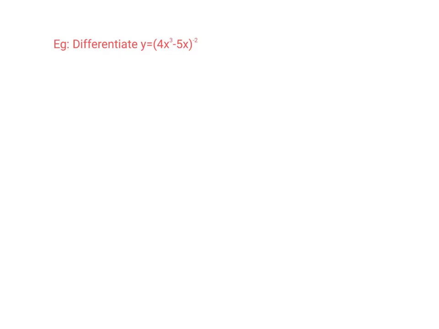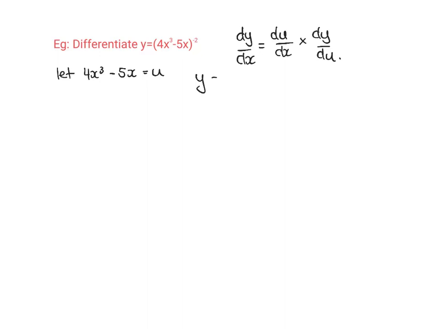Okay, we're going to practice the chain rule one more time. So remember that dy/dx with the chain rule is equal to du/dx times dy/du. If I'm going to let what's inside, 4x cubed minus 5x, equal u, then y would equal u to the power of negative 2.